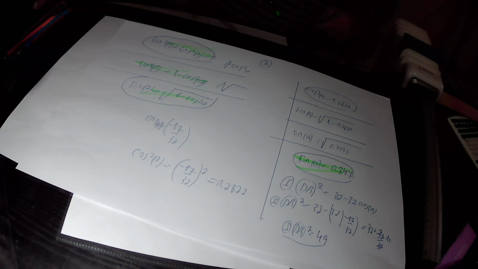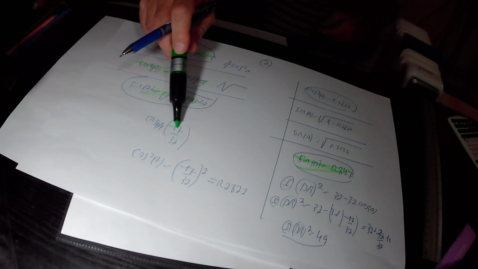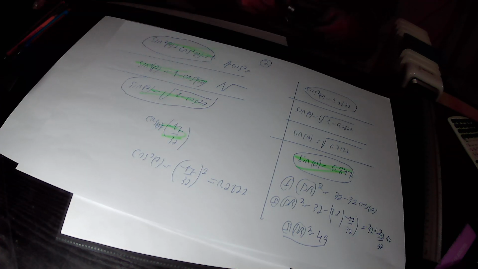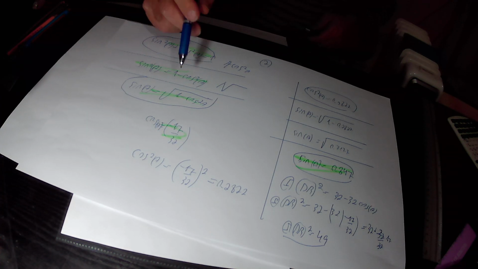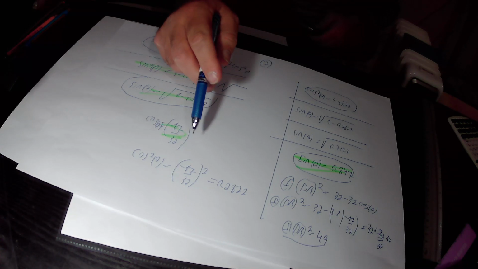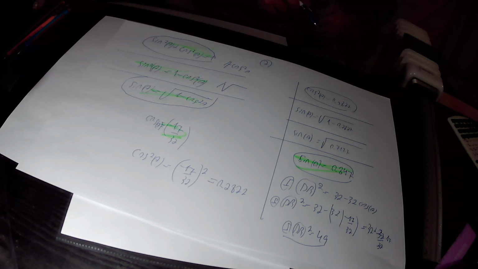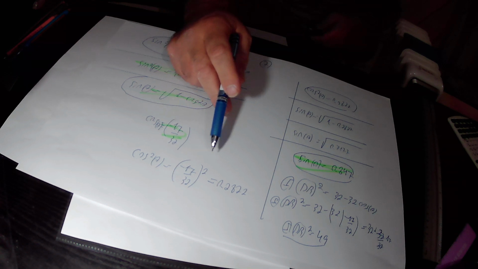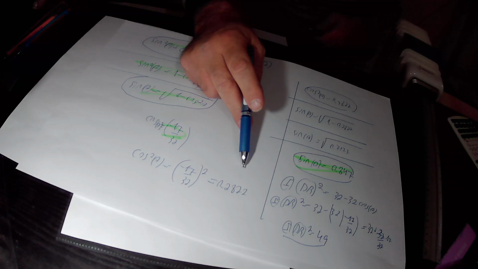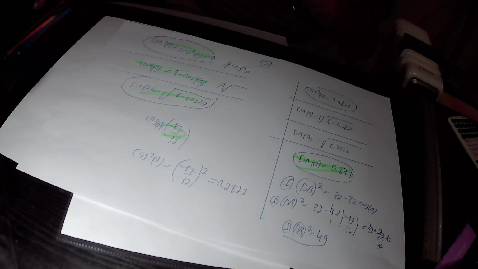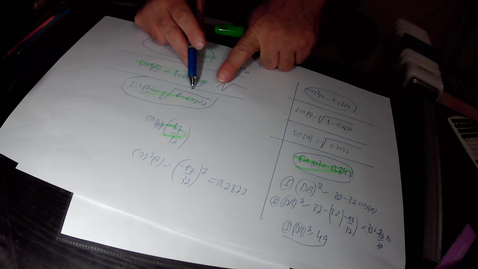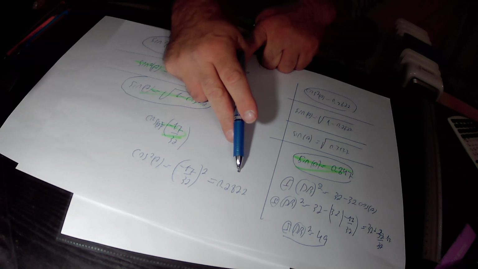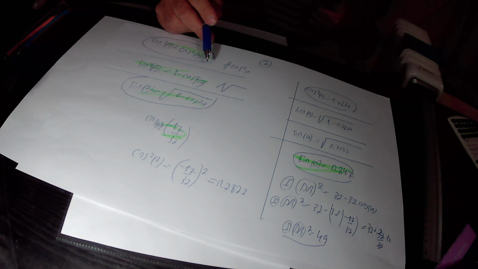We already found that cosine theta equals minus 17 over 32. Therefore cosine square theta equals minus 17 over 32 squared, which equals 0.2822. Therefore we can substitute cosine square theta here by 0.2822.